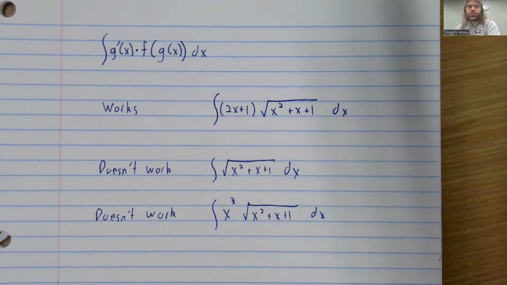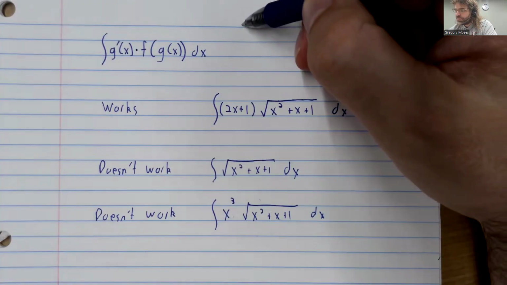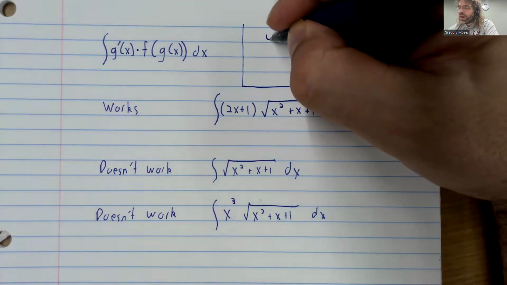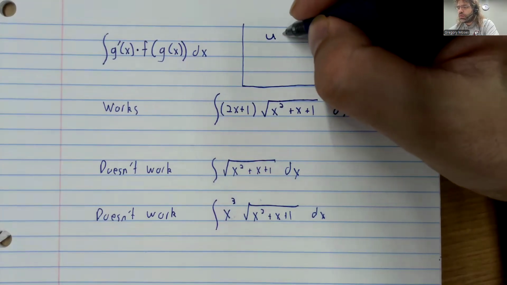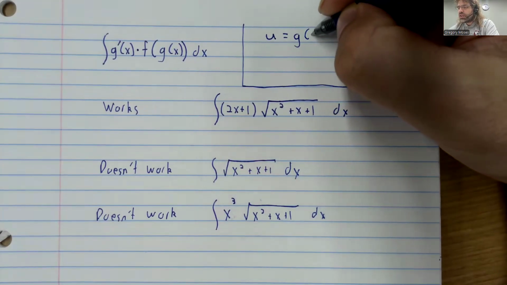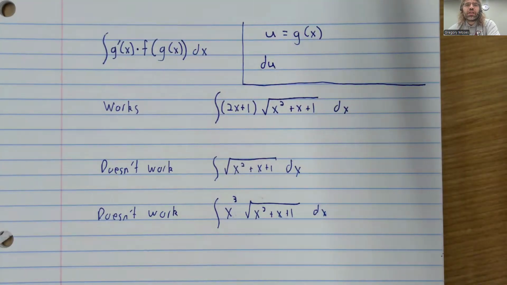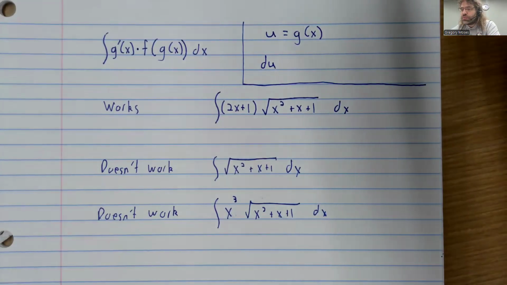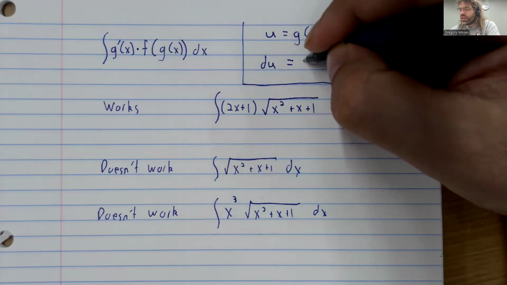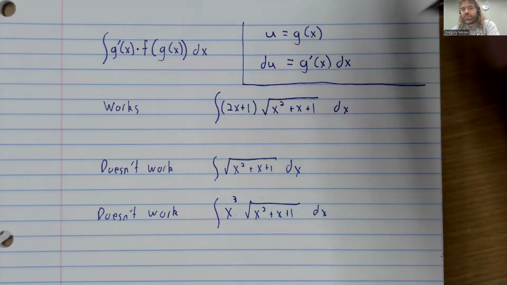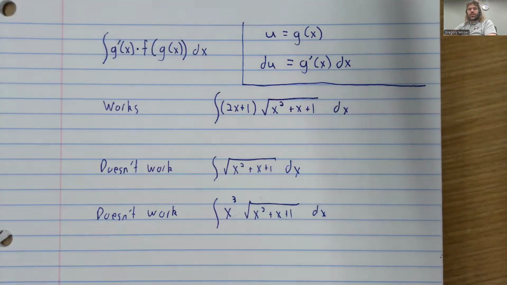The reason I called it U substitution is that to do it, we define a new variable u, which will be the inside function, and a new, it's not a variable, I don't know what to call it, a new thing, du, which will be the derivative of u dx. Let's see how this works.